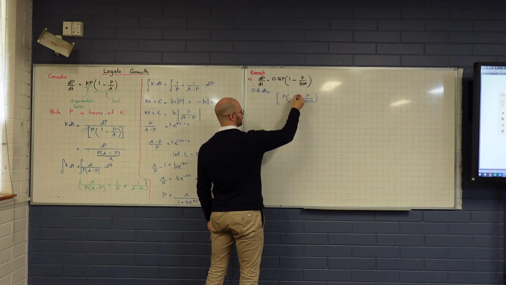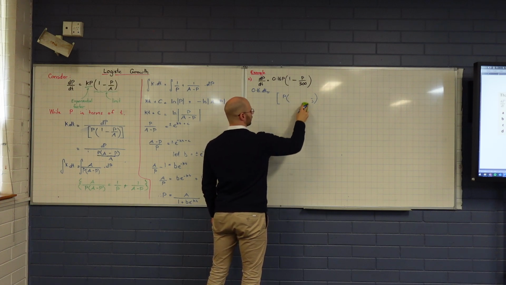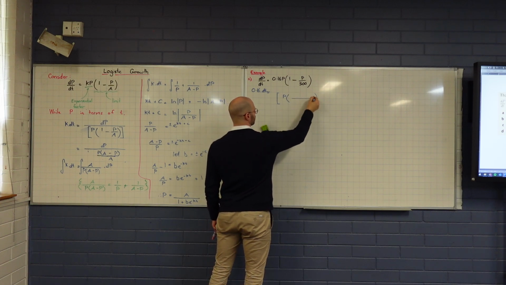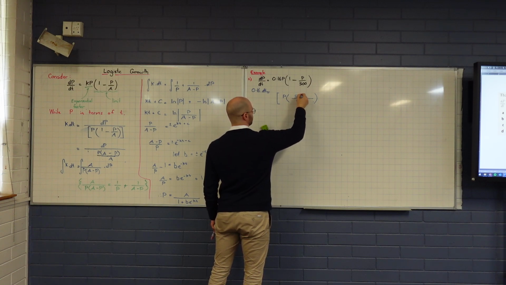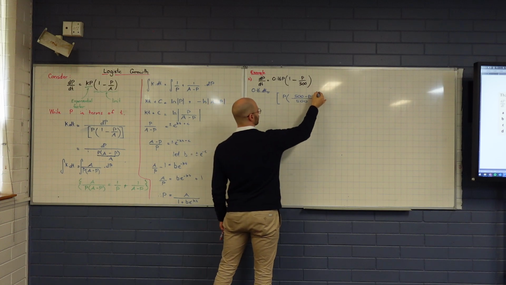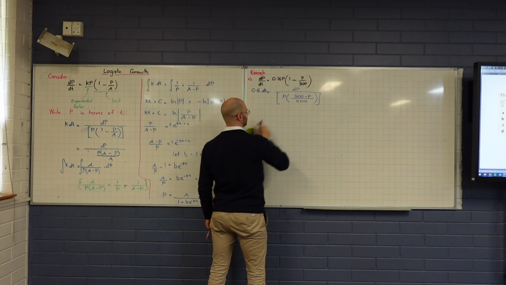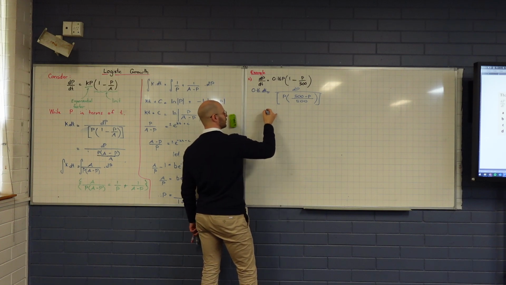Single fraction, so 500 over 500. Or a better way to put it, (500 take P) all over 500, that's all over dP.